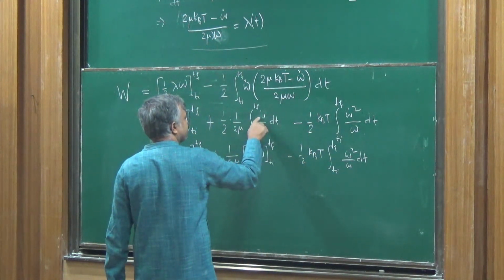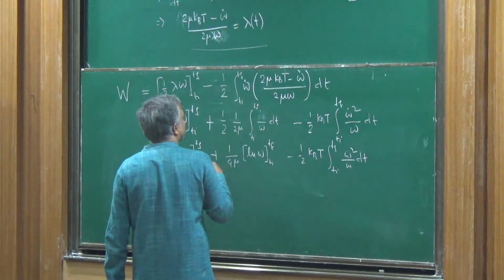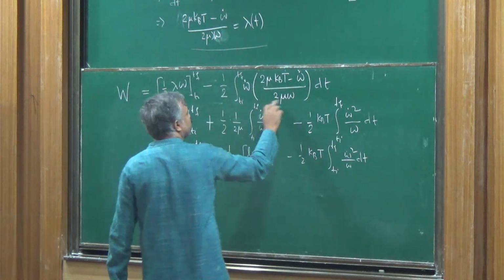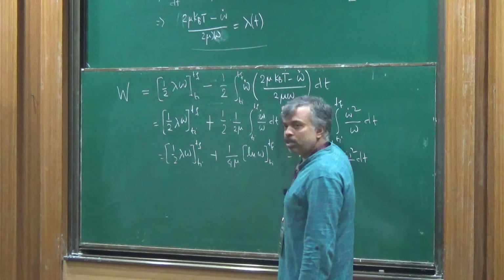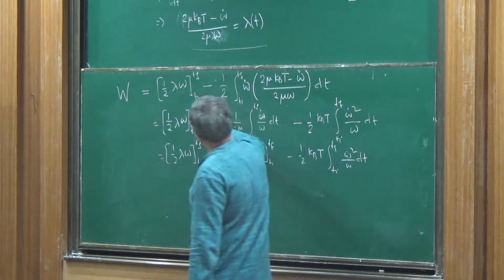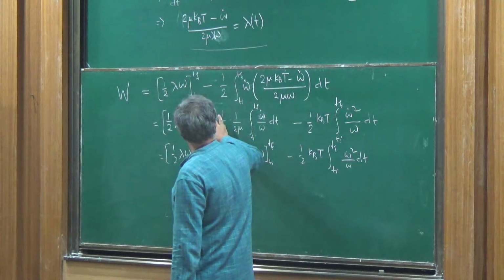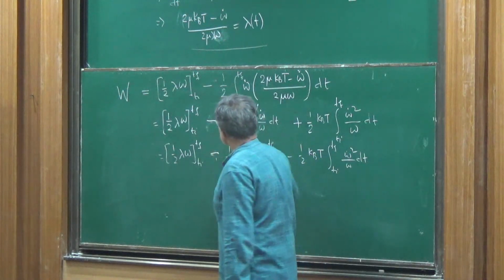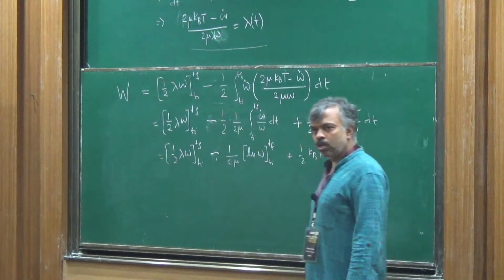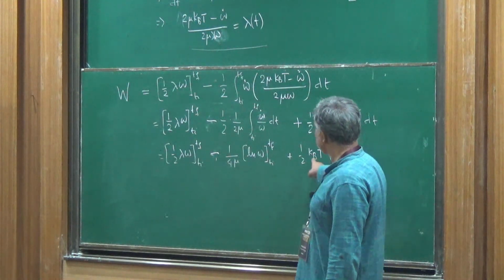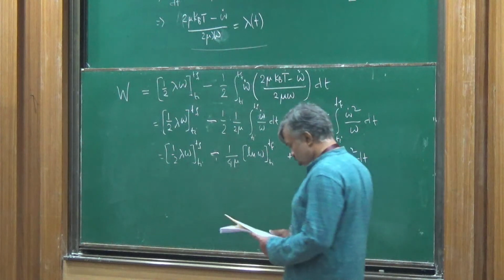The first term is omega dot square by omega. We have interchanged the terms, so there is a minus sign. But the K_BT term is multiplied with omega dot by omega, so the K_BT term will also be there. Let me check.